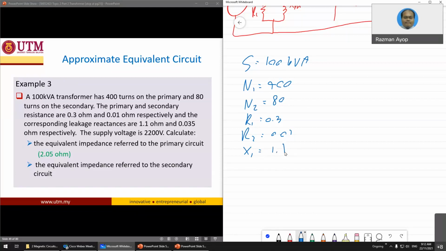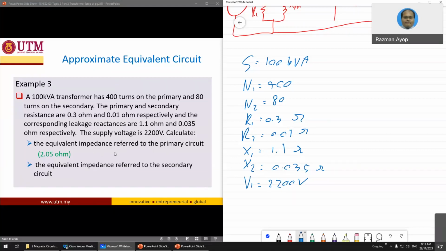X1 is 1.1 ohm, all of this is ohm, and X2 is 0.035 ohm. The supply voltage VS or V1 is 2200 volt. Calculate the equivalent impedance referred to the primary side.